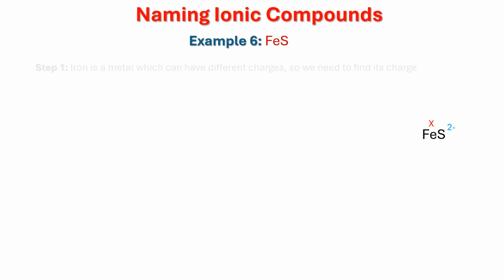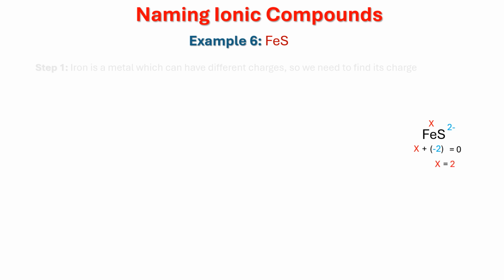It would have a negative 2 charge because it's a nonmetal which wants to gain 2 electrons to achieve the octet rule. So sulfur normally has a negative 2 charge when it's reacting with iron because it's more electronegative. So it's X plus negative 2 equals 0 because the sum of the charges has to equal 0, since the original compound FeS had no charge.